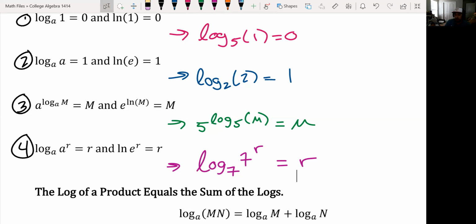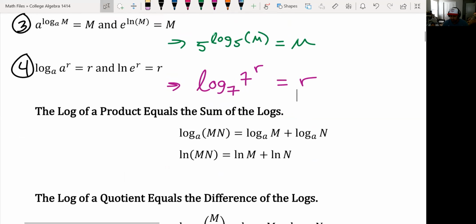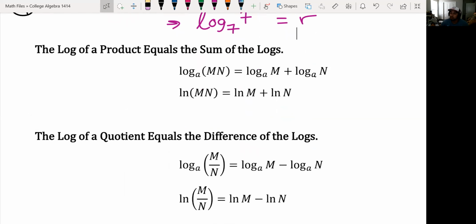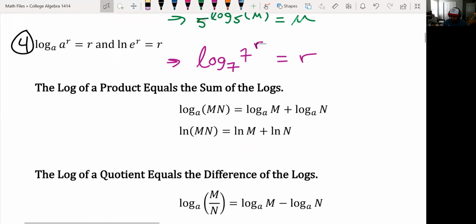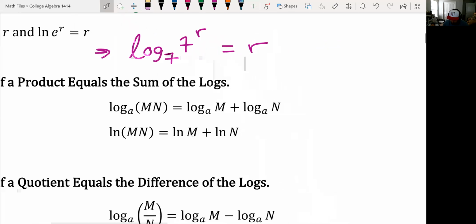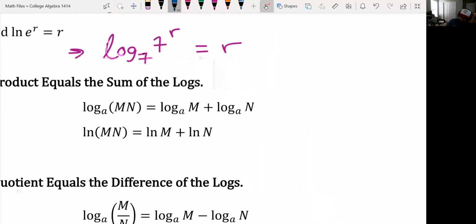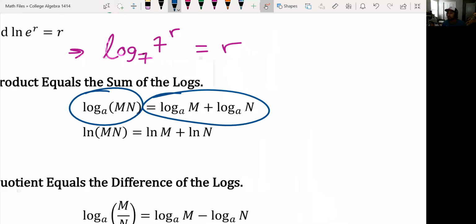All right, now on to the 3 most important log properties you're ever going to use, you're always going to use in future math classes. The product to sum, the quotient to difference, and the power rule. Okay, so let's look at how the product to sum works. Here, if you have log base a of m times n, this means that the product inside a log can be split into the addition of 2 logs or multiple logs.